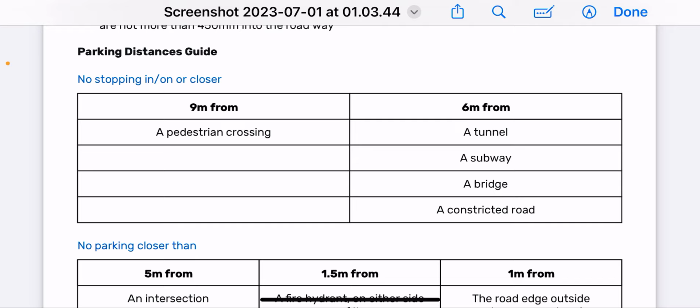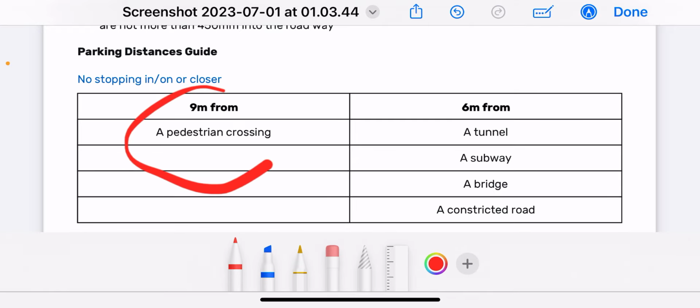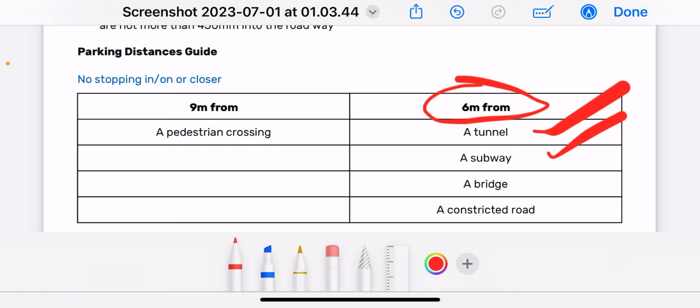You do not park 9 meters from a pedestrian crossing. Don't park in or on or closer than 9 meters from a pedestrian crossing. Do not park 6 meters from a tunnel, subway, bridge, or constricted road.